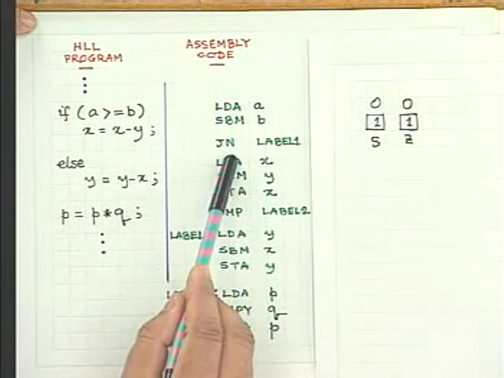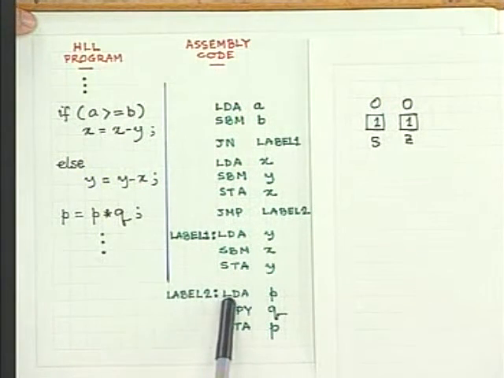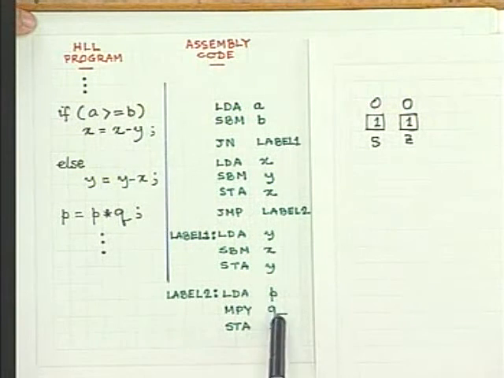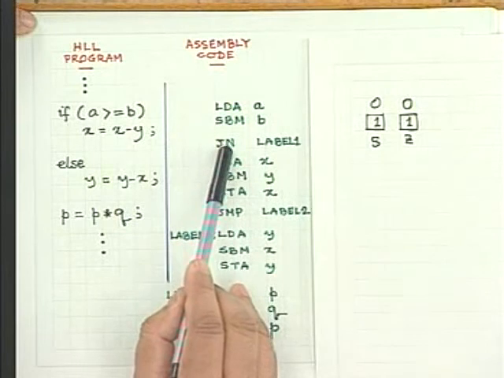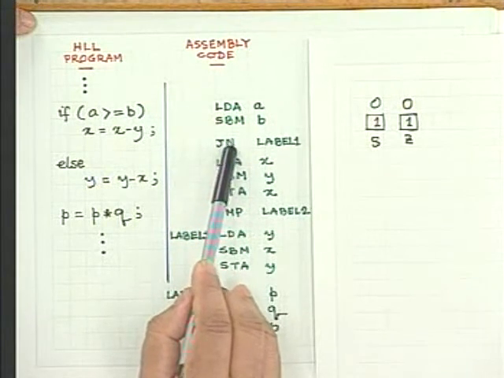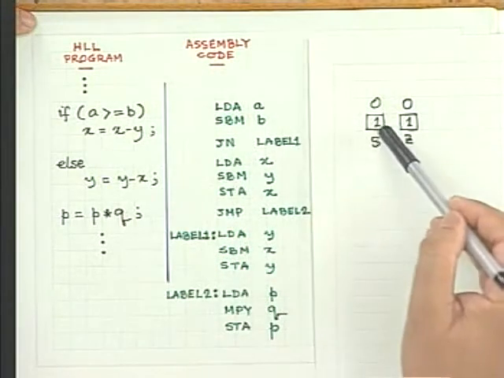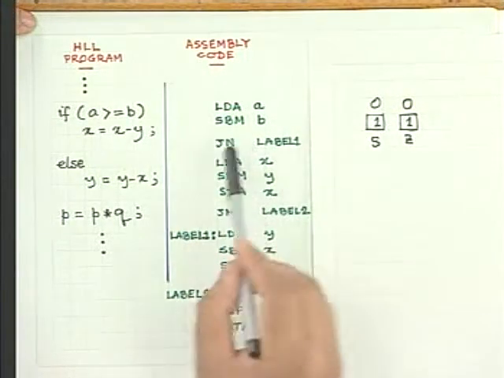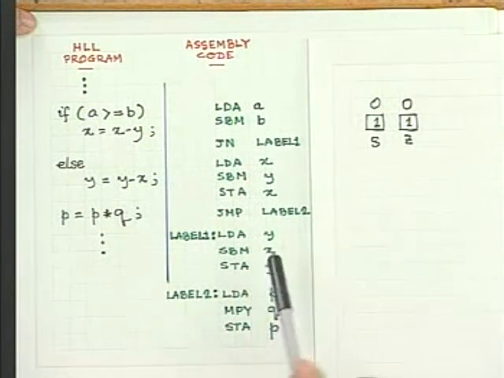That means after executing this portion, it will automatically jump over to execute P equal to P into Q. But if there is a conditional jump, that means jump negative, then on the sign flag being 1, it will come to this particular instruction.